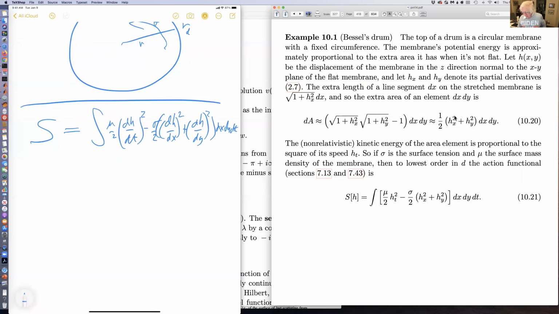So in here we've got a Lagrangian. So it's an integral over the surface of the drum and over time. And this is then what we call the action.